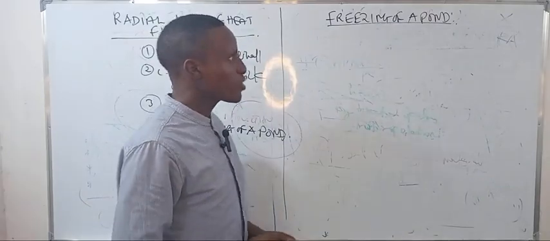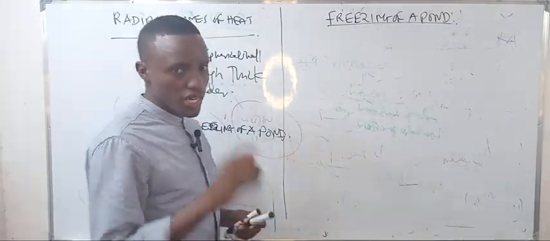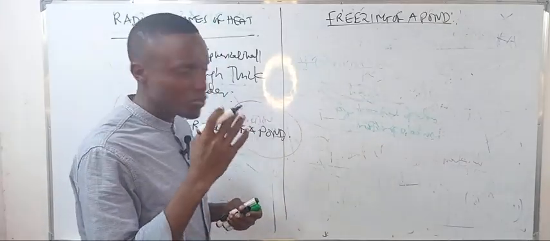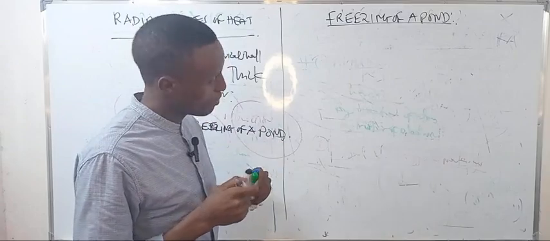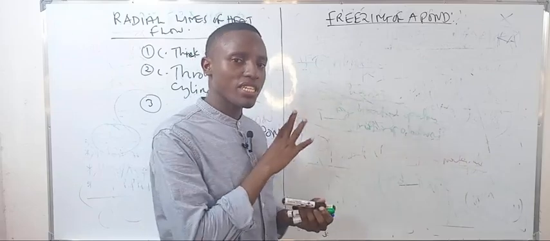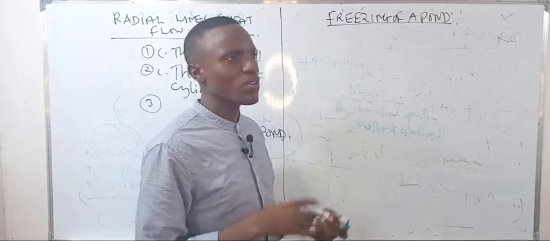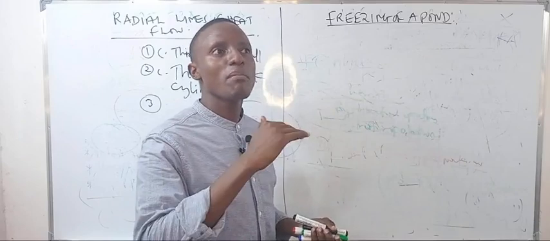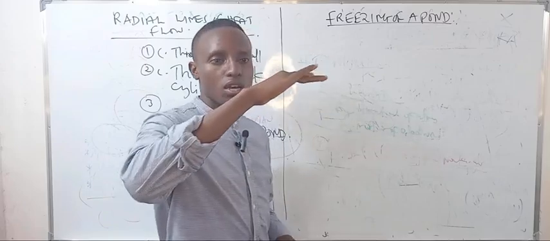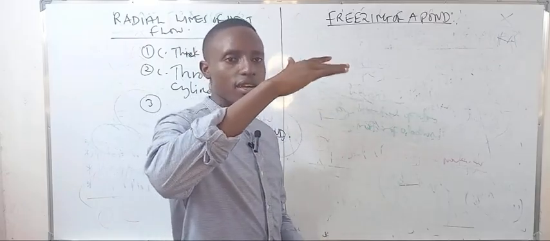Okay. So freezing of the pond here, you need to understand the assumptions that we made in calculating these questions of freezing of the pond. There are 4 assumptions that we made. You can be given a question, by how much time the ice will reach a certain kilogram or a certain length.